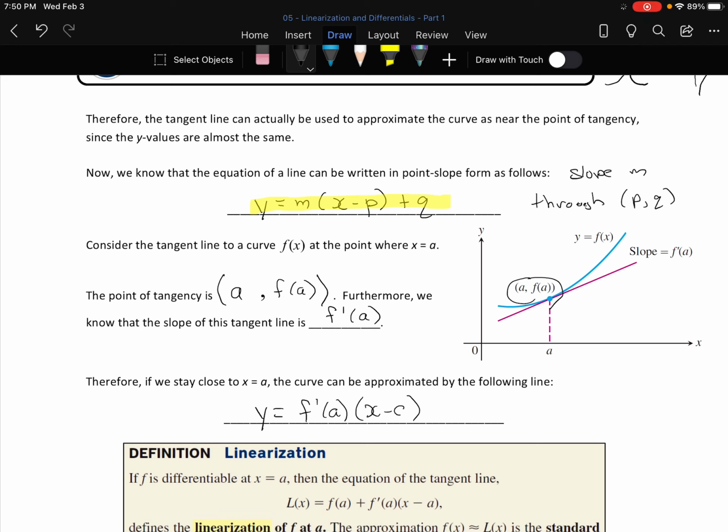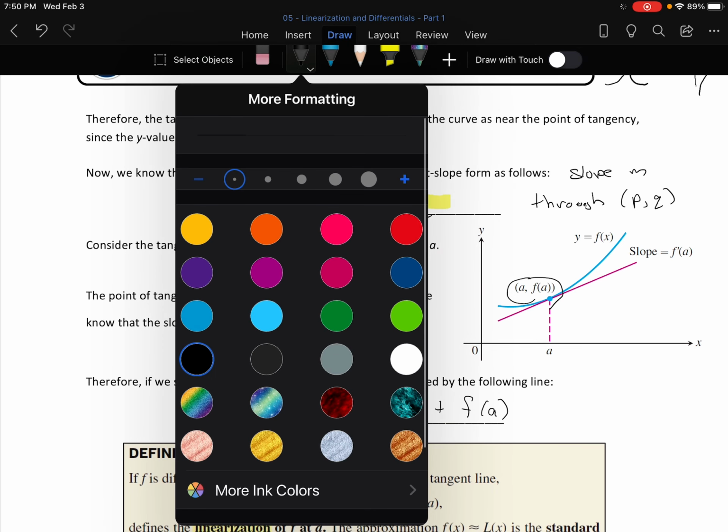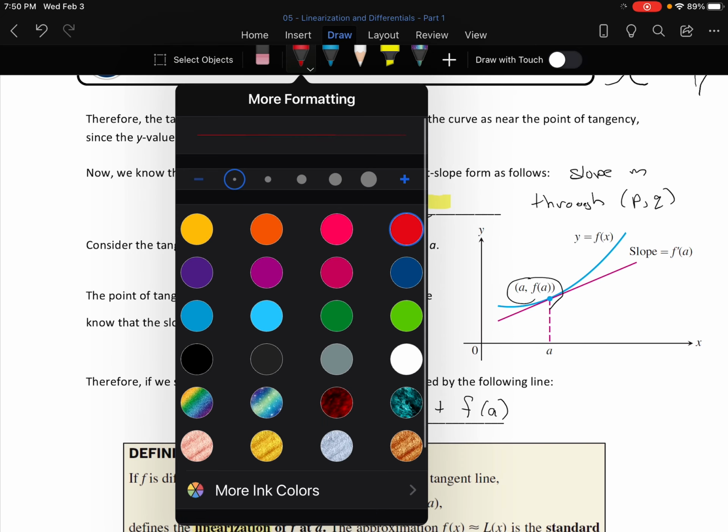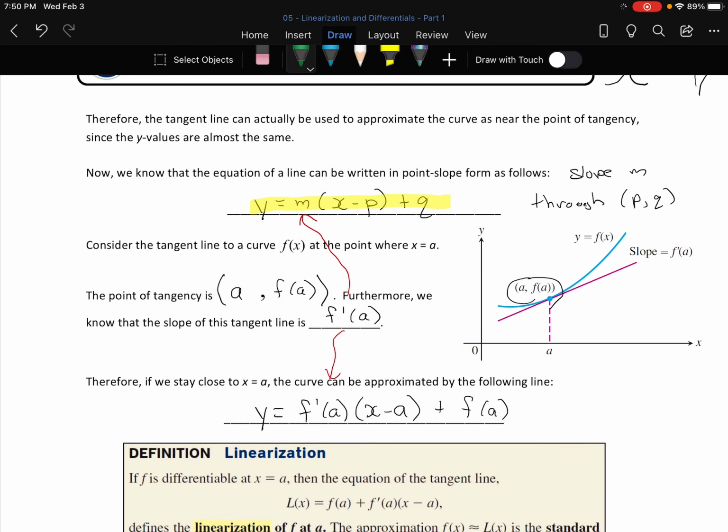So it's going to be x minus a for the x value, and then plus the y value, f of a. See? All I did is take this slope and put it in there as the slope, and then I took this point and put it in there and there as the point.